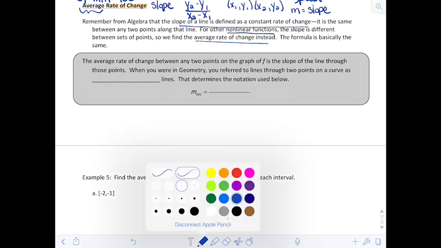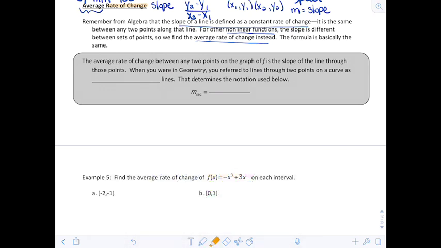So in this gray box, you may remember from geometry, the average rate of change between any 2 points on a graph is the slope of the line through those points. But in geometry, you referred to a line through 2 points on a curve as a secant line.